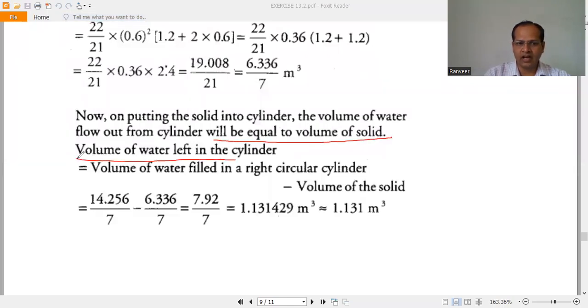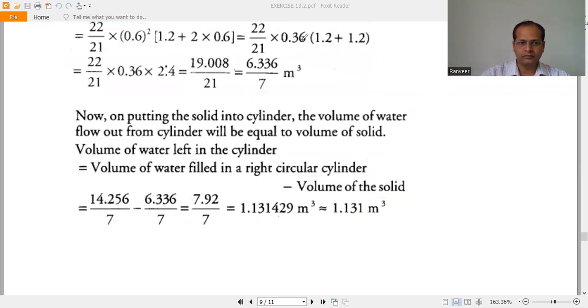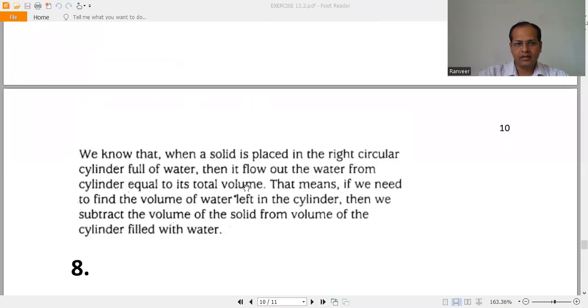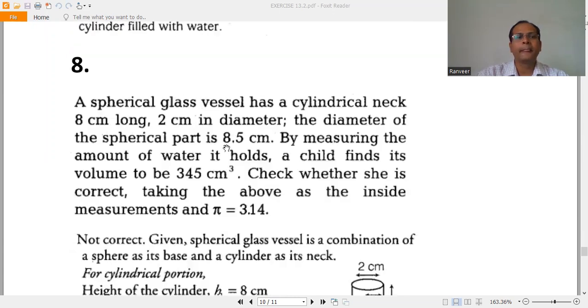So the volume of water left in the cylinder is the total volume of water filled in the right circular cylinder minus the volume of the solid. We subtract both values and we got this total. This is the volume. Whatever we explained, we have written here.